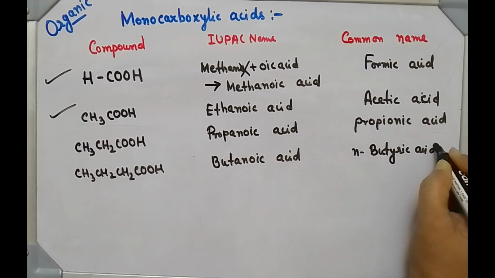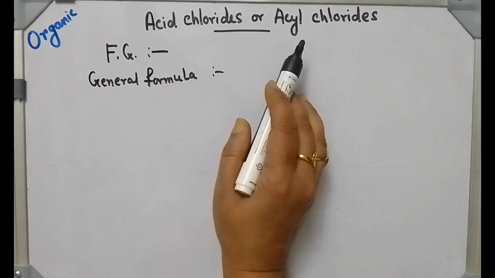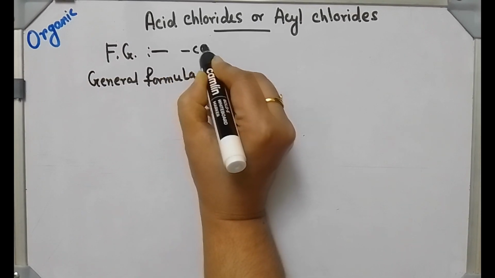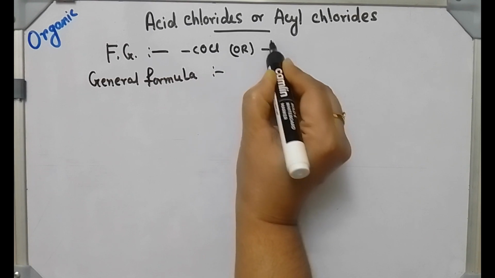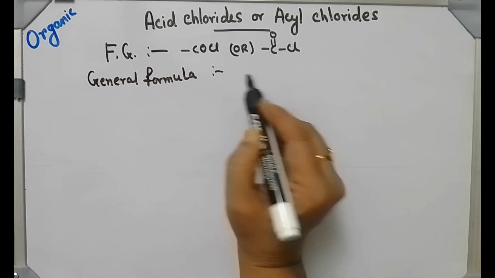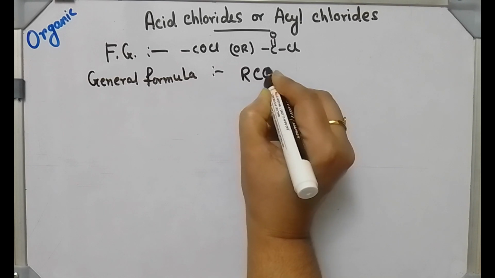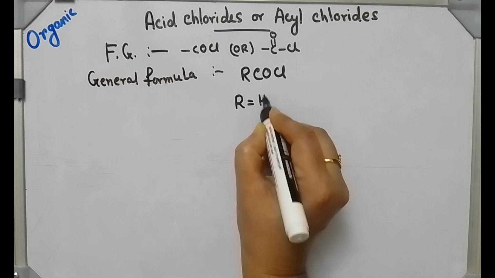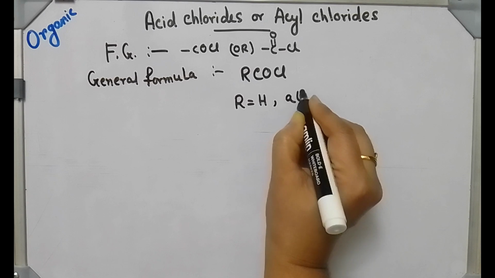Now see, next functional group is acid chlorides or acyl chlorides. Now see, functional group is here COCl, or you can write COCl like this way. General formula is RCOCl. R may be hydrogen or R may be alkyl group.